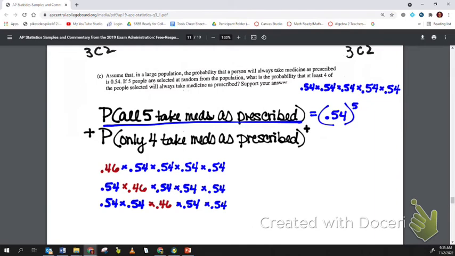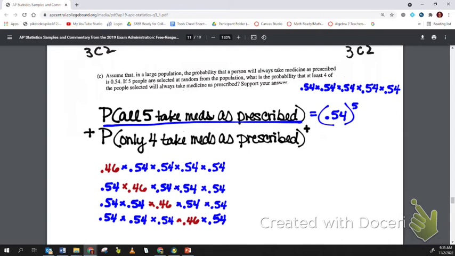What's another way that I could write this so that exactly 4 people take their meds properly? Fourth person didn't take their meds the way they were supposed to. So the first 3 do. And the fourth one is the one that ruins it all. Are there any other possible arrangements that have exactly 4 people taking their meds the way they're supposed to?